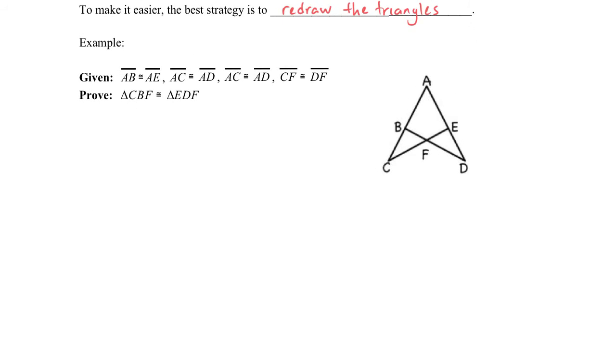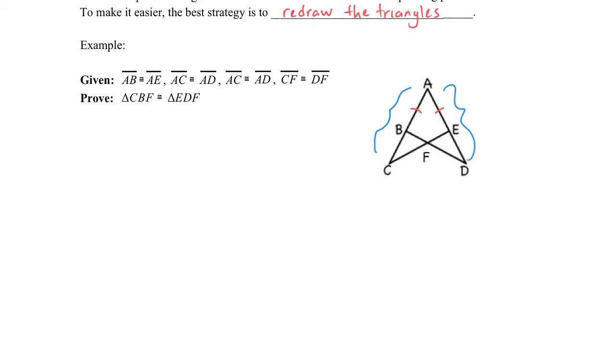So if I look here at this particular example, I see that AB is congruent to AE. I see that AC is congruent to AD. Now, the way we mark that is like this. We use these fancy brackets whenever I'm trying to say an entire side is congruent to an entire side, but that side has a split in it.